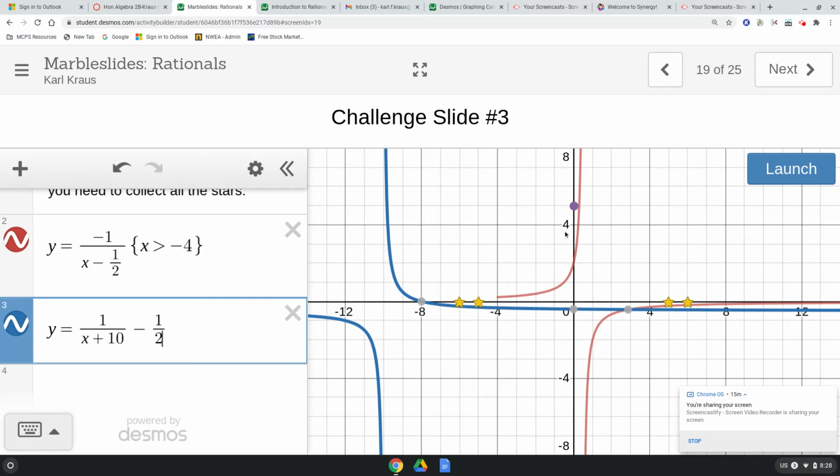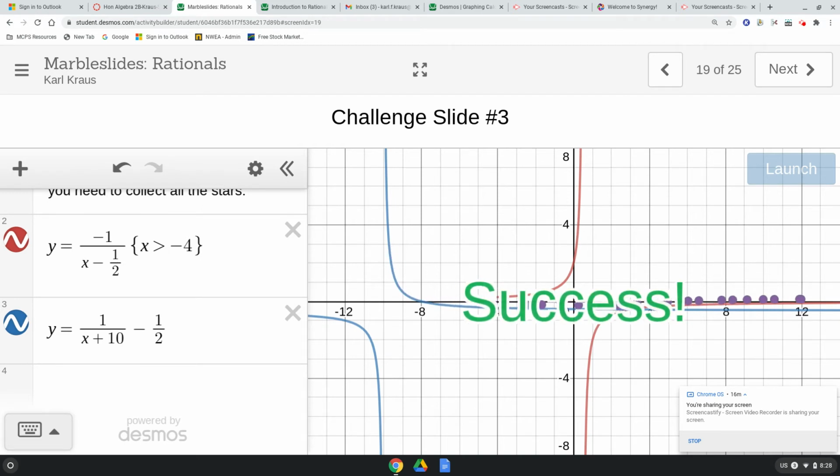All right, now let's see if this marble fits underneath the original graph I made. All right, so that works. So that takes a little bit of finessing there. You want to make a graph so it's a ramp, and then another graph that catches the marbles and shoots them the other way.